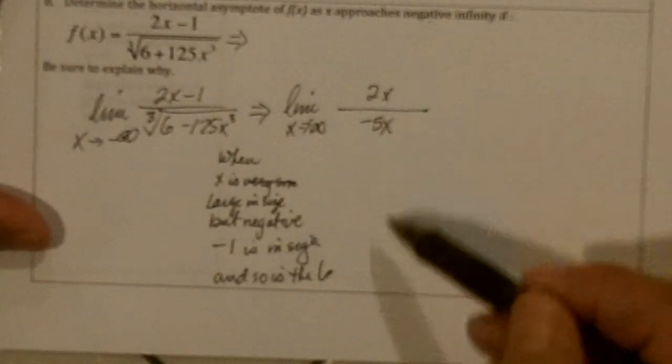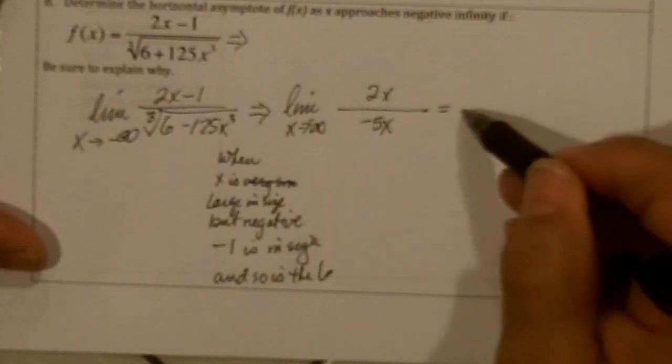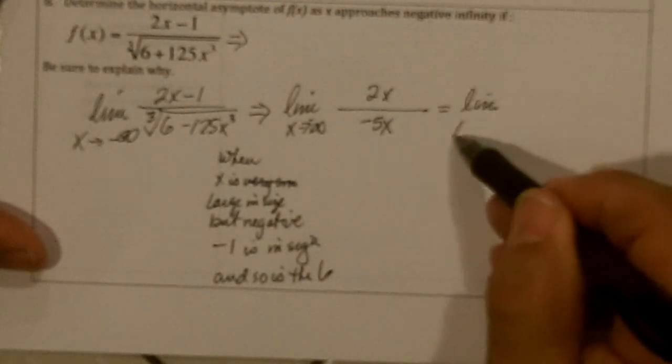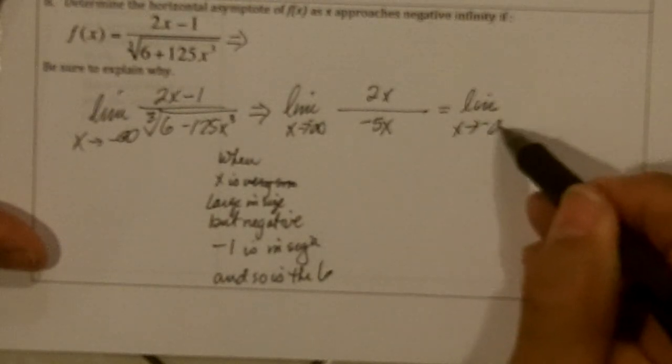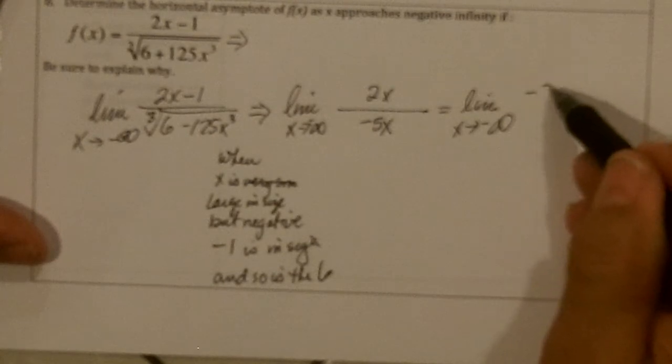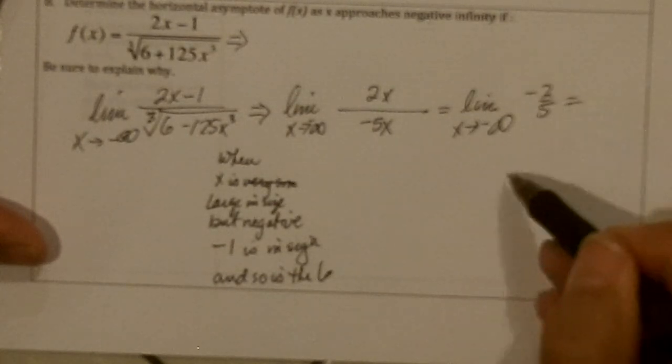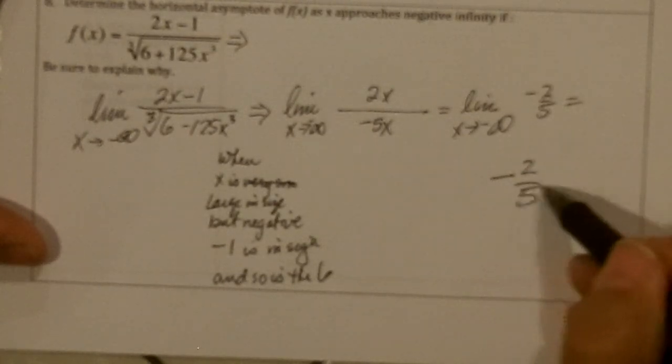Well, the x's would cancel, and we would get the limit as x approaches negative infinity of negative 2/5, which is negative 2/5.